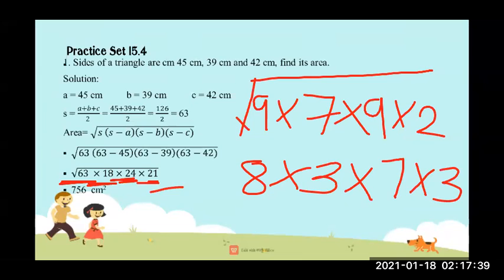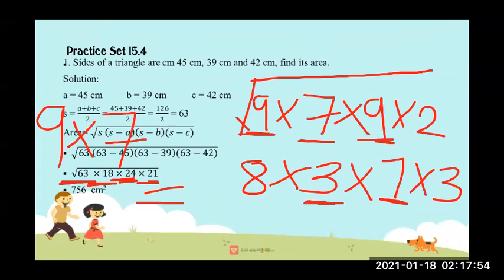Now after that, you have to see the common. Here common is 9, 9. So we will write the common as 9. Then another common is 7, 7, multiply by 7. Then another is 3, 3, multiply by 3. And next, 8 and 2 are remaining, that is uncommon.